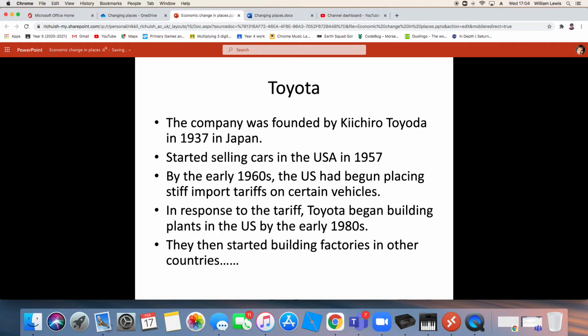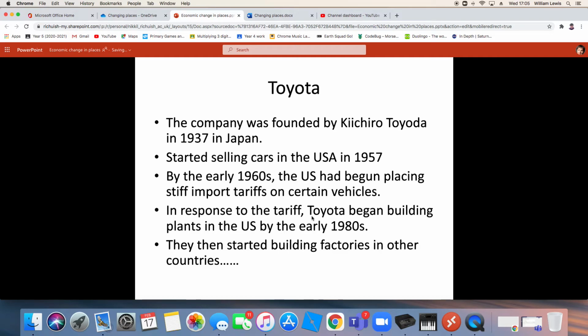You can protect your own companies by adding a tariff. Now, a tariff is a tax. It's a lump of money. So what they basically were saying to Toyota is, yeah, absolutely you can sell your Toyota cars in America, but we're going to tax you to do it. And that means you protect your own company because you are taxing Toyota. It's very clever. It's not massively fair on the other company, but it's very clever.